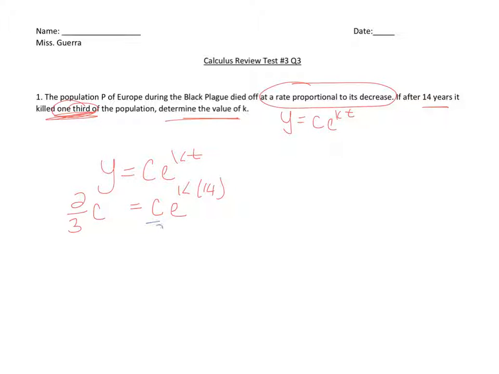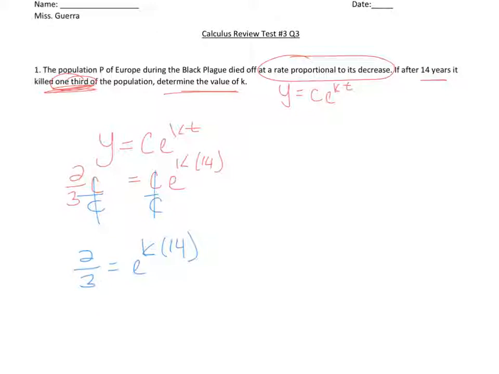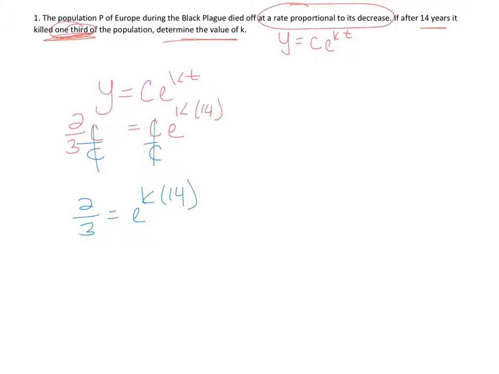Alright, so I'm going to divide by C to solve for k. So we get 2/3 equals e to the k times 14. I'm going to use my properties of logs to bring down the k and the 14. So this cancels out to 1. This whole piece comes down. So I'm left with 14k equals ln of 2/3.